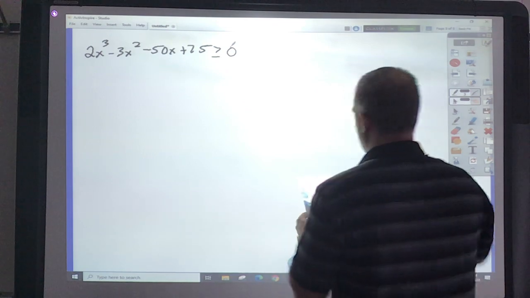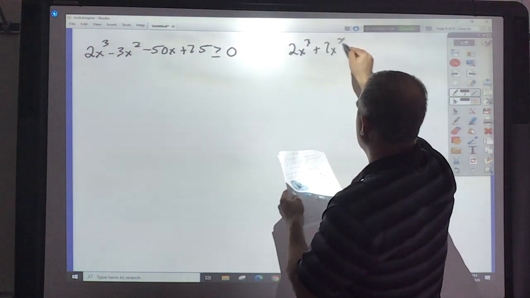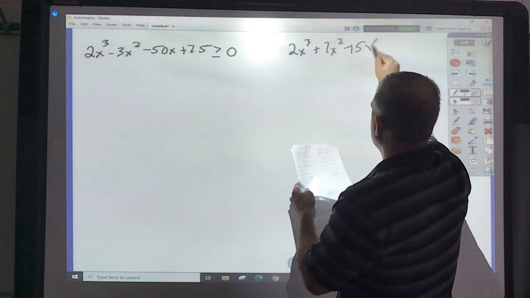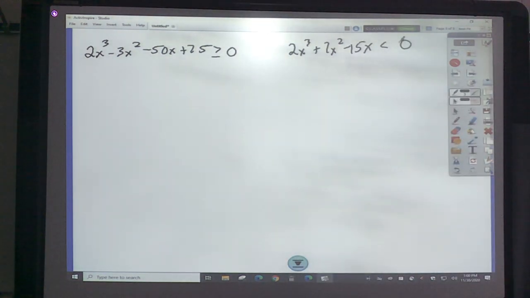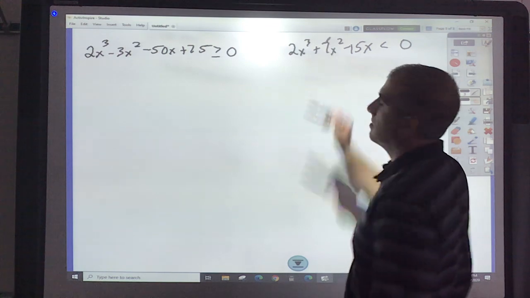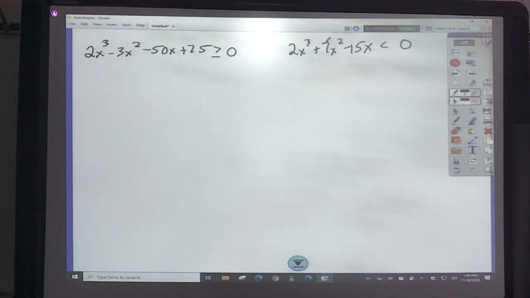And then let's do 2x cubed plus 7x squared minus 15x less than 0. That's a 7 there, just so you know. Go ahead and pause your video. All right, go ahead and unpause.